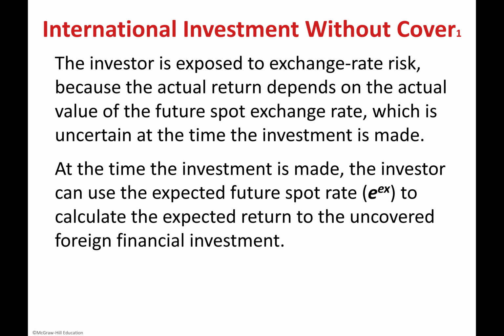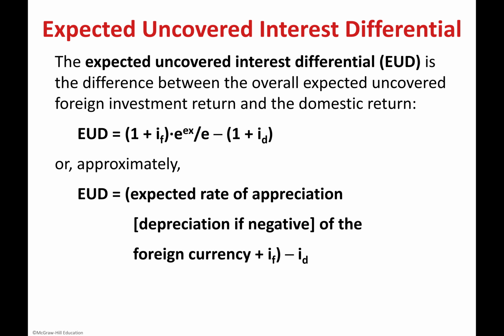At the time the investment is made, the investor can use, instead of the forward rate, the expected future spot rate, which we're going to write as little e to the super x, to calculate the expected return to the uncovered foreign financial investment. We can write that in the same way, except by replacing little f, the forward rate. And so that's written there: approximately the expected rate of appreciation, or depreciation if negative, of the foreign currency plus IF minus ID.